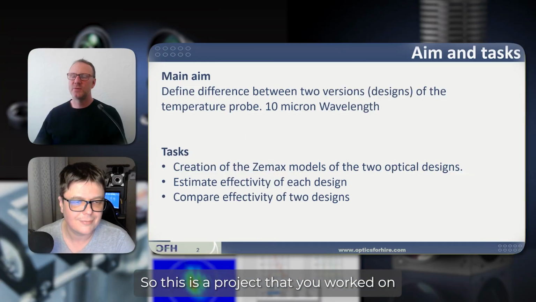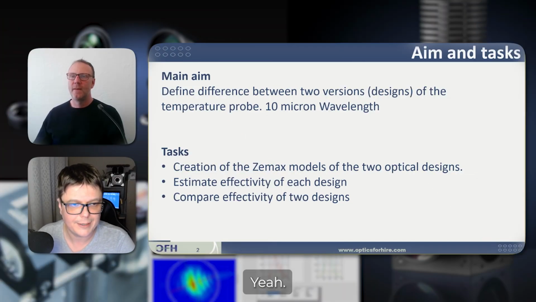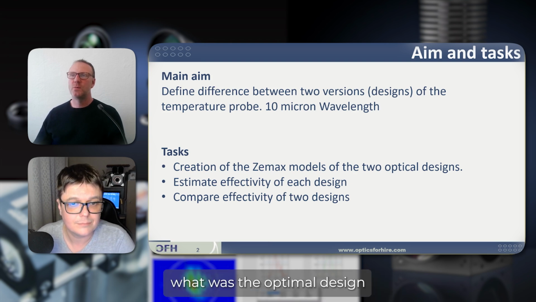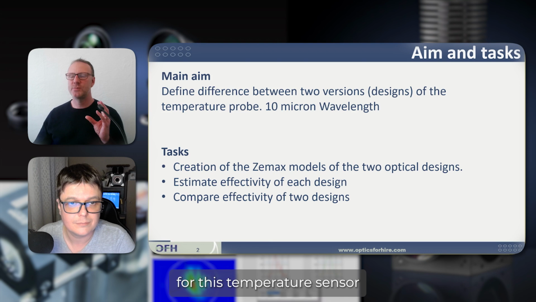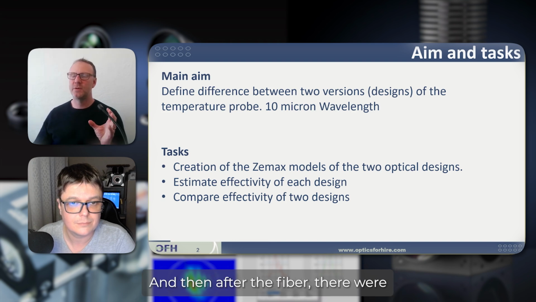So this is a project that you worked on maybe about 10 years ago. Yeah. And we were helping our customer figure out what was the optimal design for this temperature sensor that had a probe that went down a tube-shaped pipe with fiber. And then after the fiber, there was some collection optics in the sensor.